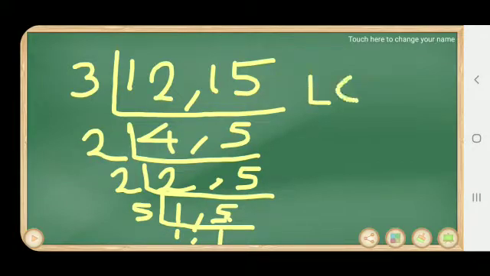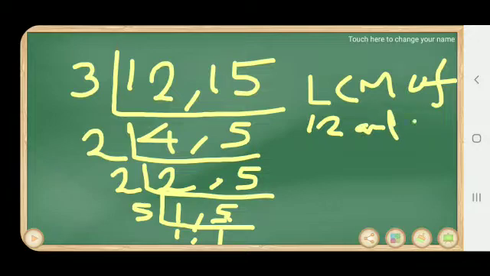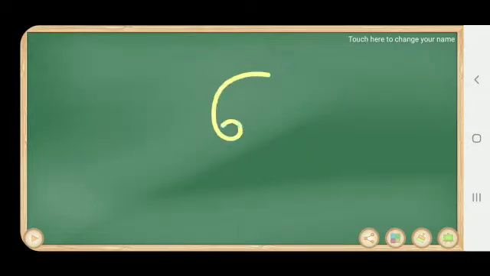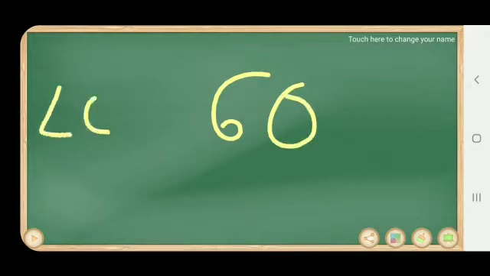So LCM of 12 and 15 is equal to 3 into 2 into 2 into 5. So the answer is what? 60. LCM of 12 and 15 is equal to 60. Okay, I think you can understand.